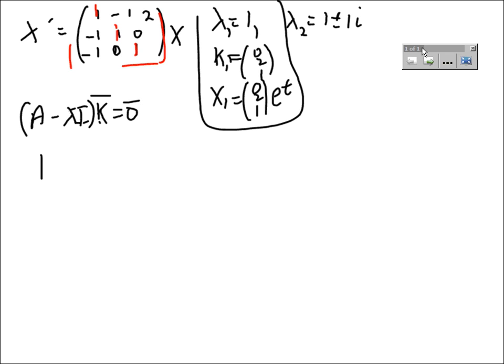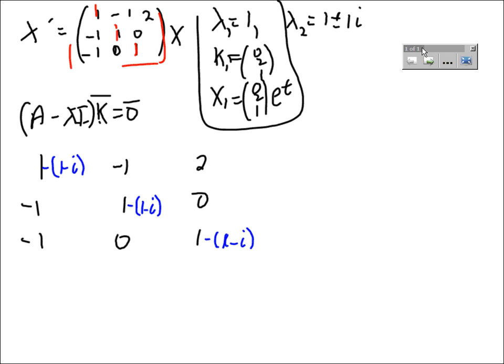So here is A, and from A, I'll take away, I'll call it 1 minus i. I could have used 1 plus i. I'll show you why I used 1 minus i.